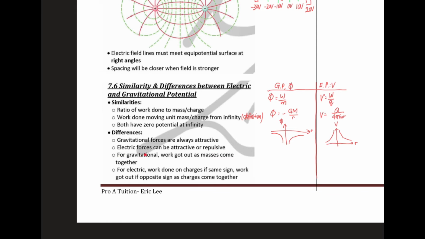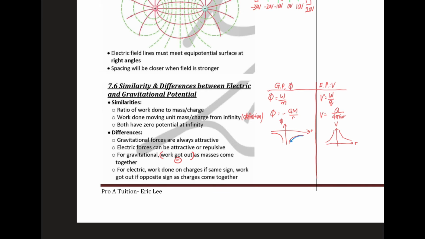Okay, so for gravitational, work got out as masses come together. So first of all, what is meant by work got out? We have to know that work got out means work is negative. To understand this, we have to look at the graph. If you put the masses together, you have to move along the graph in this way.